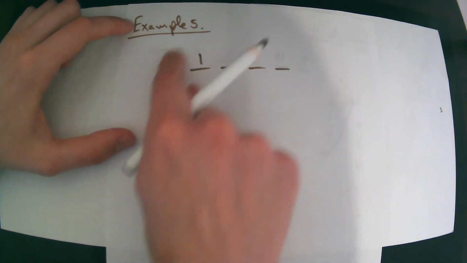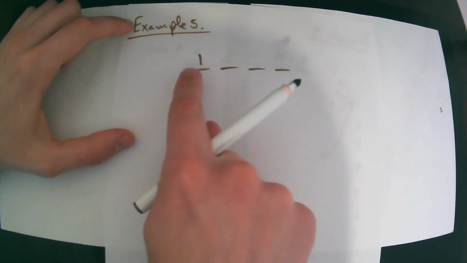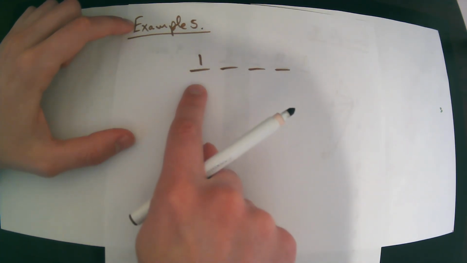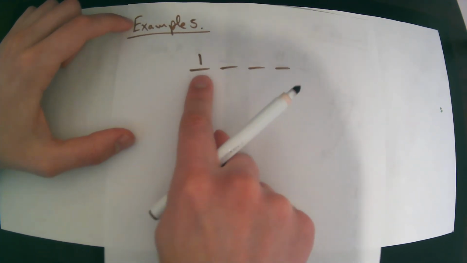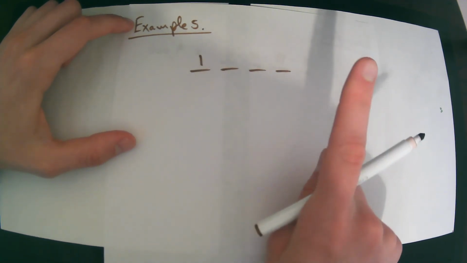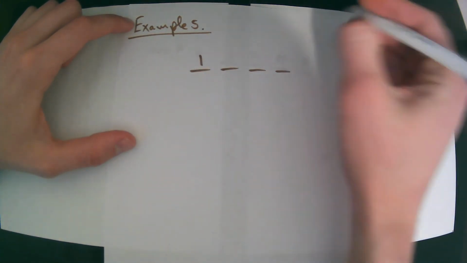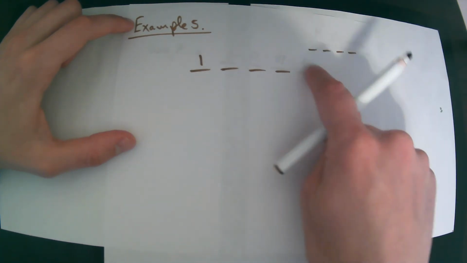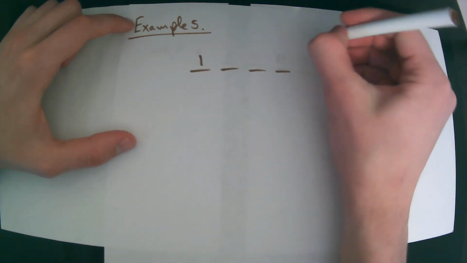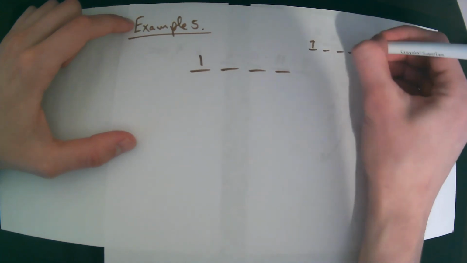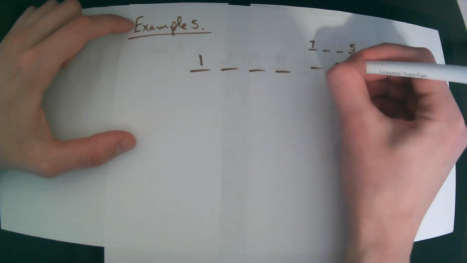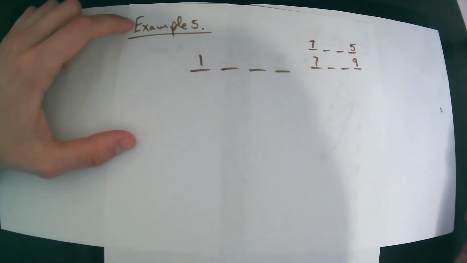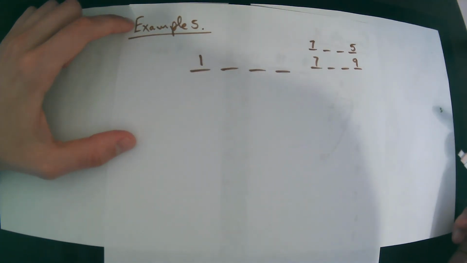I'm keeping track in this little diagram of how many options there are in each slot, not what the actual number is. So how many options are there in the first slot? Just 1, because I know it's fixed at 7. If you'd like, you can have a little diagram off on the side showing the actual possible digits: 7 blank blank 5, or 7 blank blank 9, because it ends in a 5 or a 9.